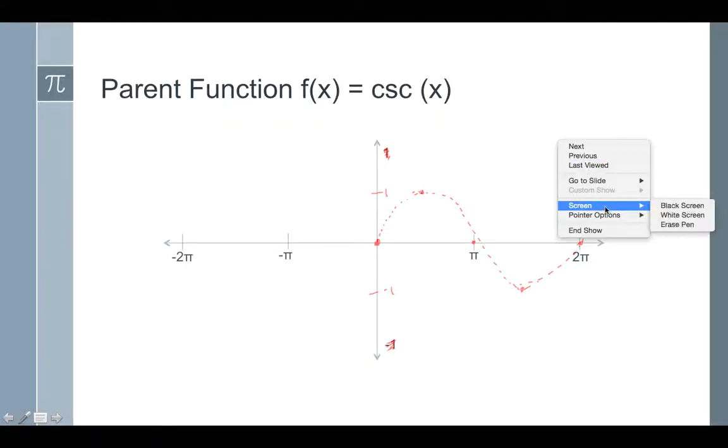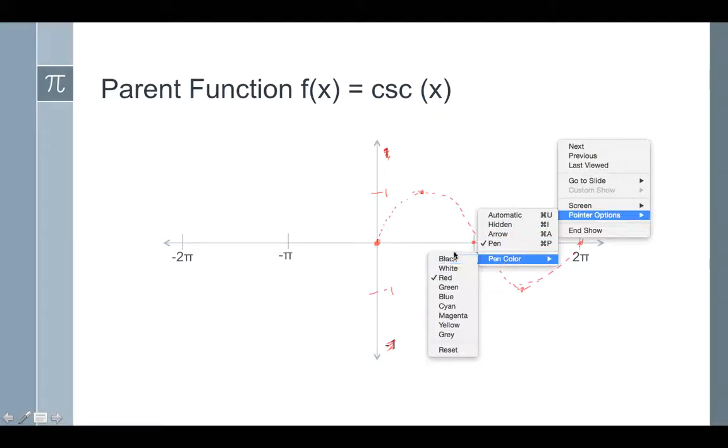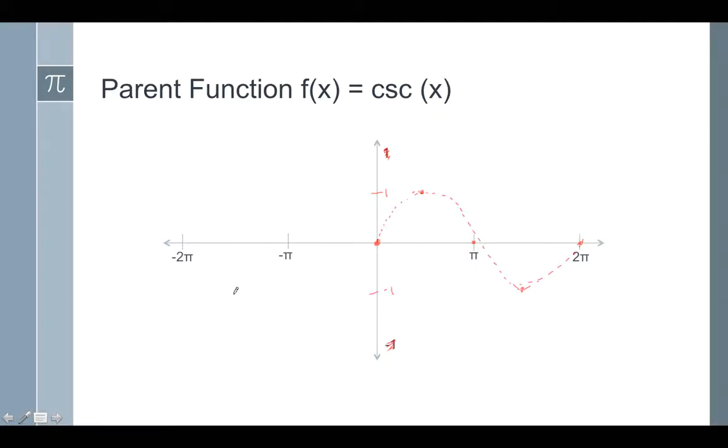Now, let's change the color for our pen here. Let's go to blue. Now, if you think about this value right here, this tells me that the sine of 0 is equal to 0, which means the cosecant of 0 is the reciprocal of 0, which is undefined.